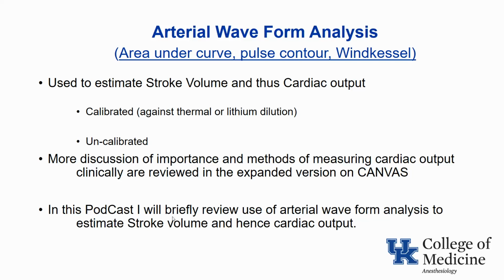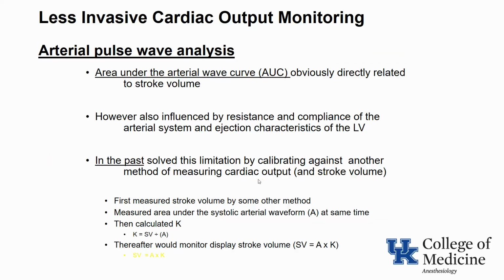In this podcast, I will briefly review the use of arterial waveform analysis to estimate stroke volume and hence cardiac output. A more detailed discussion of this technology to measure cardiac output will be covered in the expanded version on Canvas.